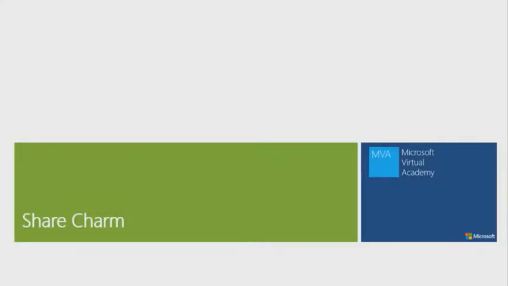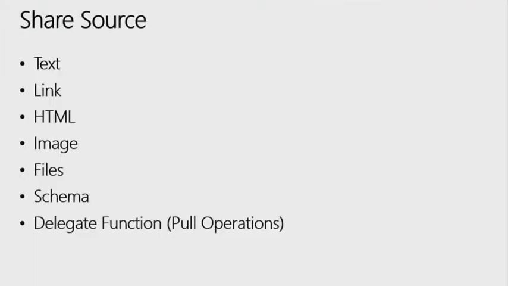So you can provide a payload, and what's interesting is there are quite a few types. So I'll jump to the next slide just for a second. There are quite a few types that you can share. You can share just simple text. You can share links, HTML, images, files, and schema.